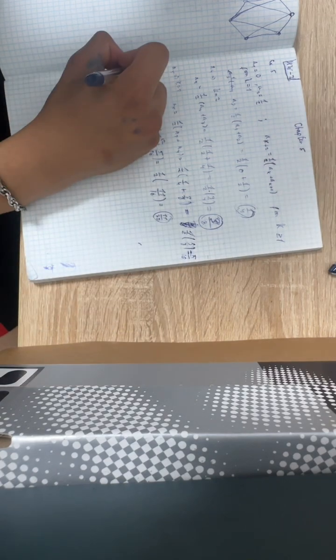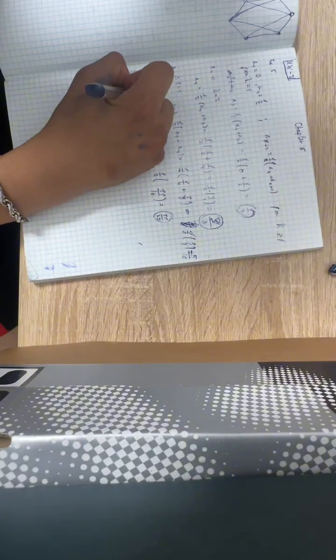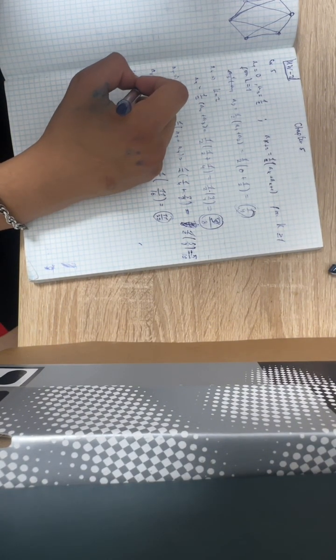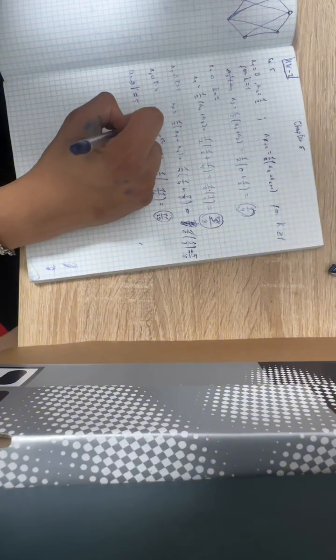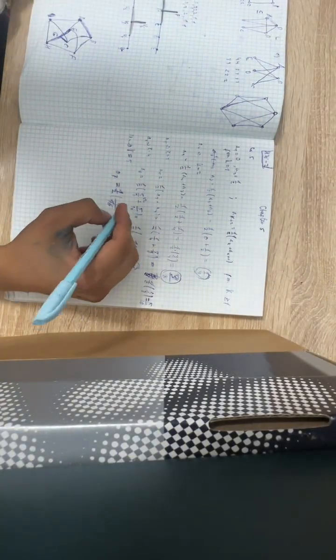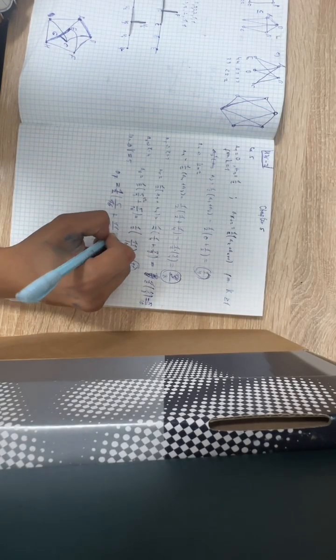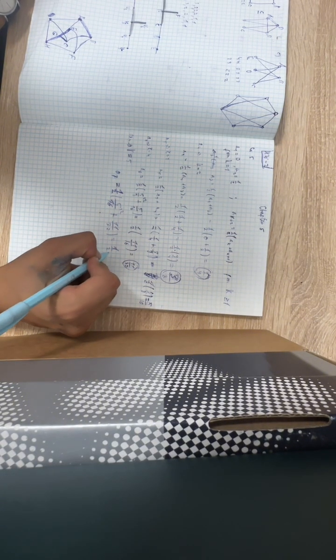So for A7, K will be 5. Now A7 equals, I closed my pencil, so here is A5 plus A6, which is 11 over 32, and 1 over 2 of 21 over 32.